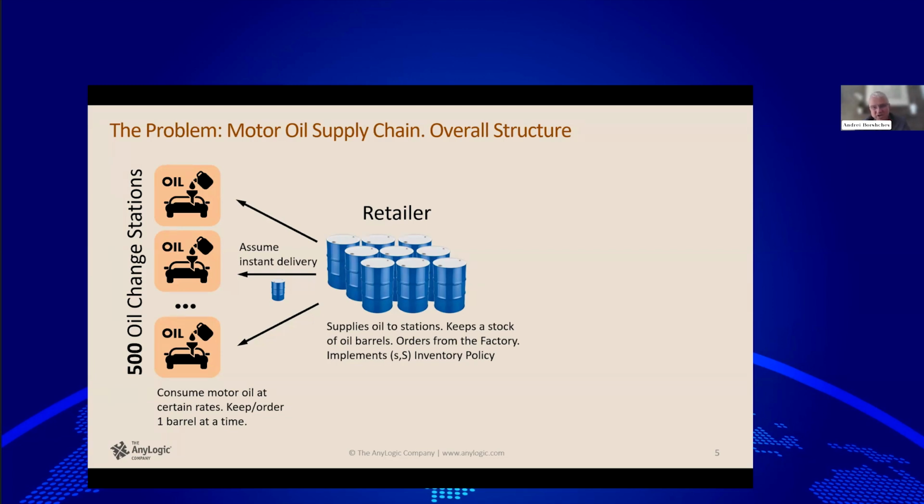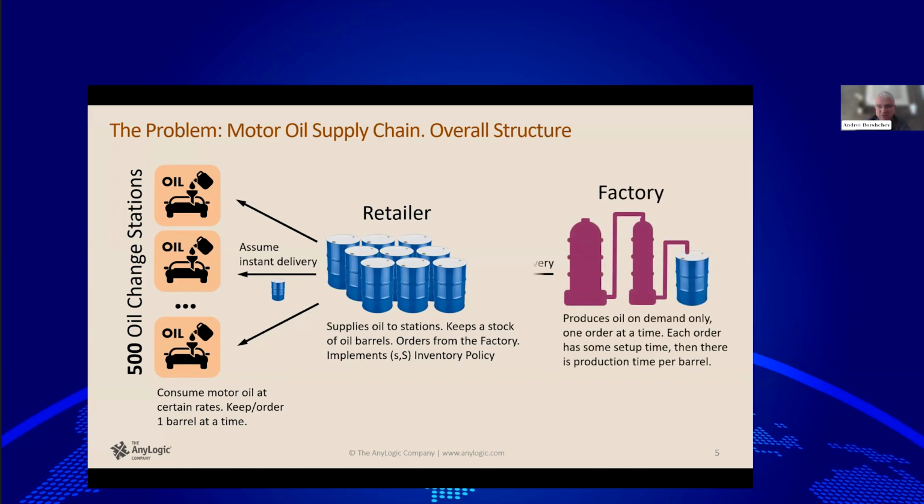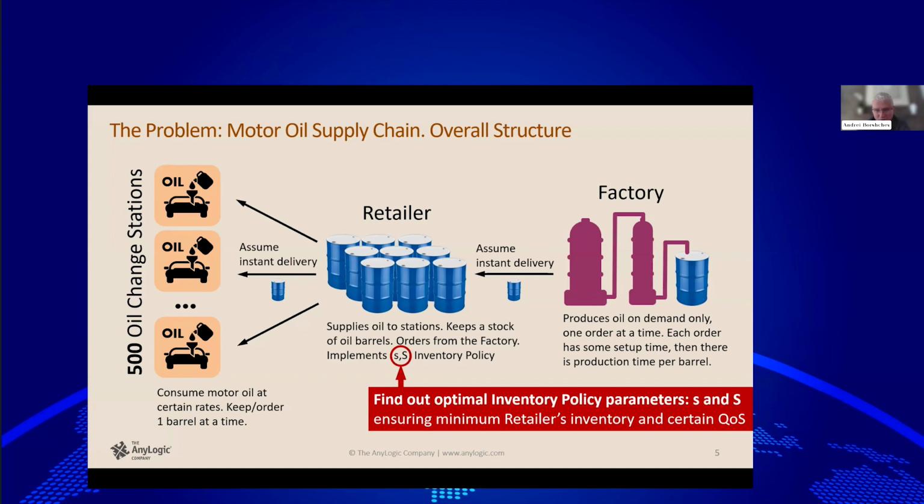We adopted a min-max inventory policy, which is, of course, when the inventory reaches S minimum, we order to replenish up to S maximum. Now there's a factory, and the factory is my supplier, and I order batches of maybe 10, 12, 50 oil barrels from the factory when I think I need to order more.